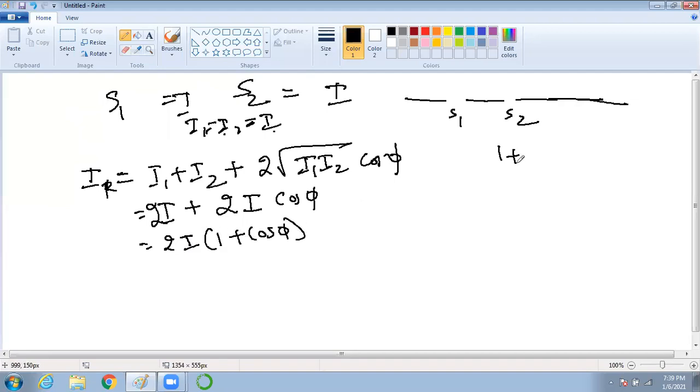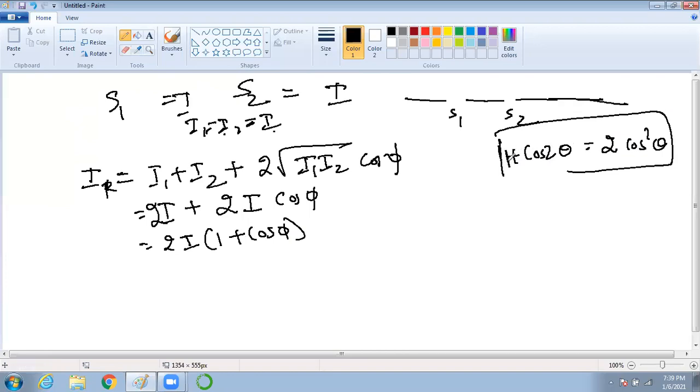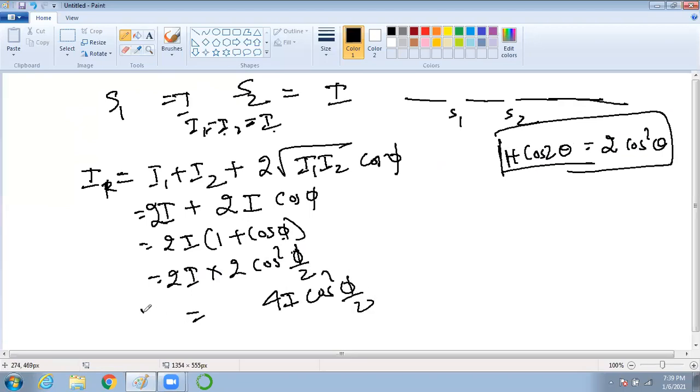I told you there is a formula: 1 plus cos 2 theta equals 2 cos square theta. Yes or no? Apply the formula, then it will be 2I into 2 cos square phi by 2. So the answer will be 4I cos square phi by 2.